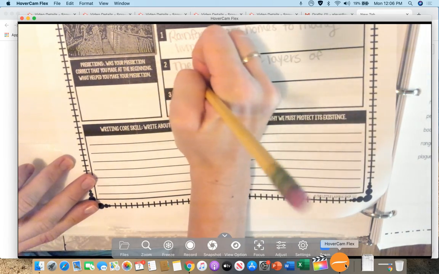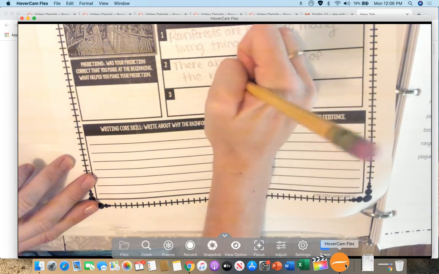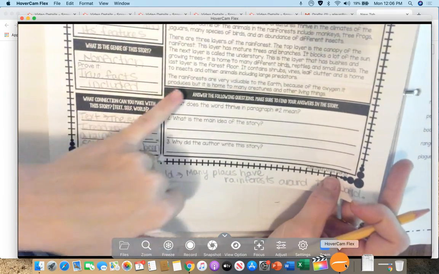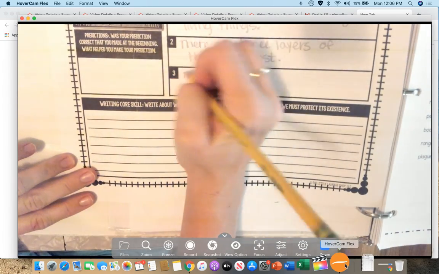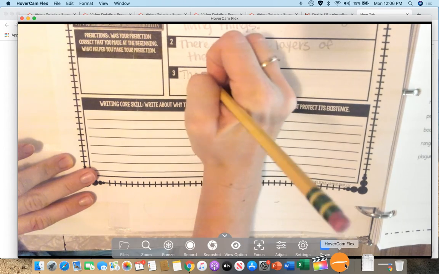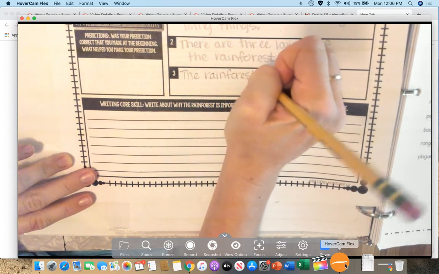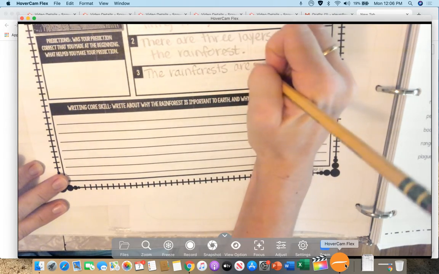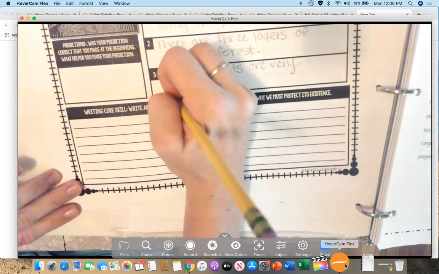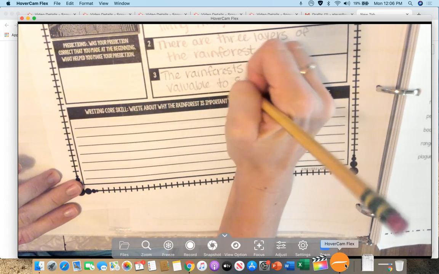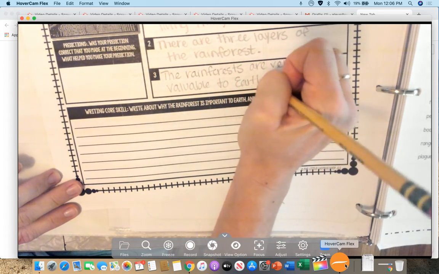There are 3 layers of the rainforest. And then last but not least, I would say that the rainforest is very valuable to the earth. Capitalize earth because it's a proper noun.